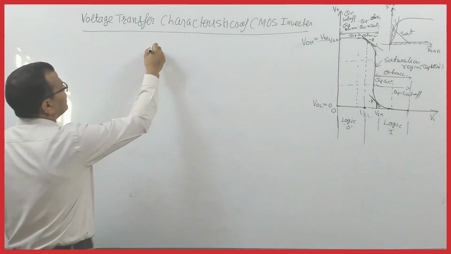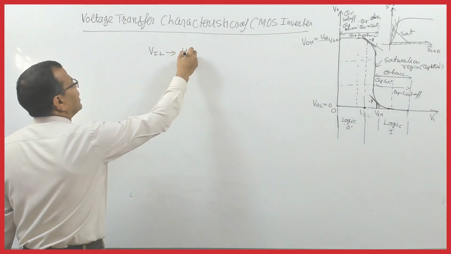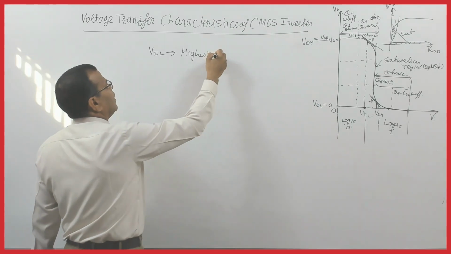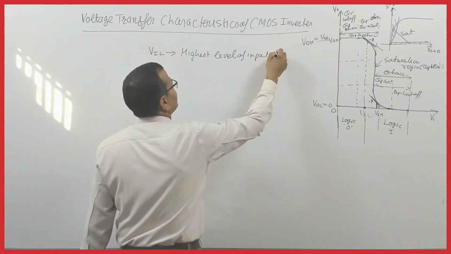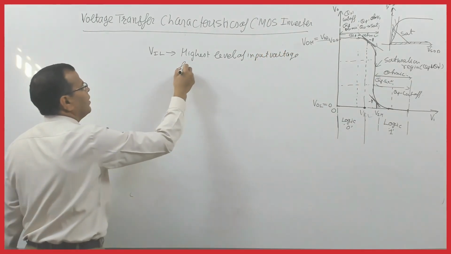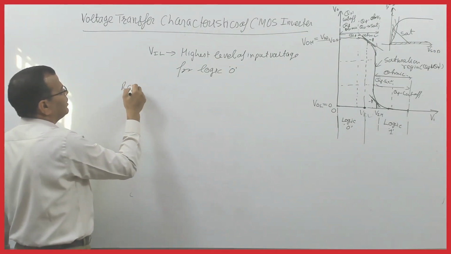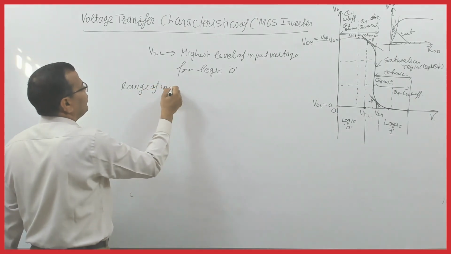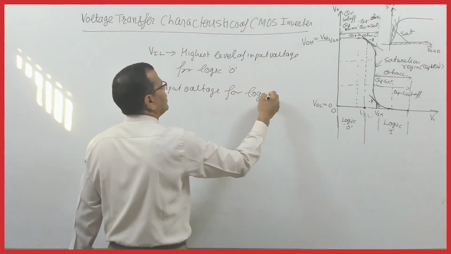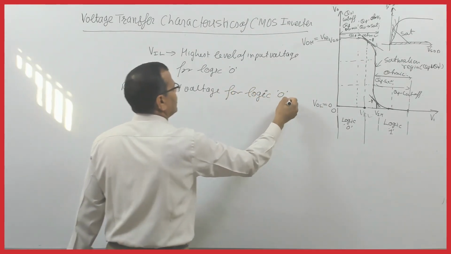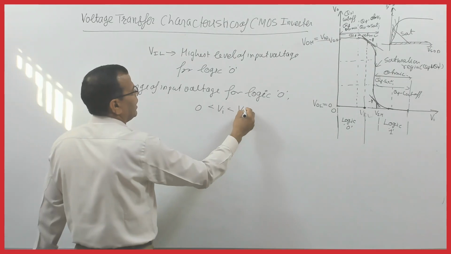So the highest level of input voltage for logic 0 is VIL. I repeat, the highest level of input voltage for logic 0, or we can say the range of input voltage for logic 0, that is VI greater than 0 and less than VIL.